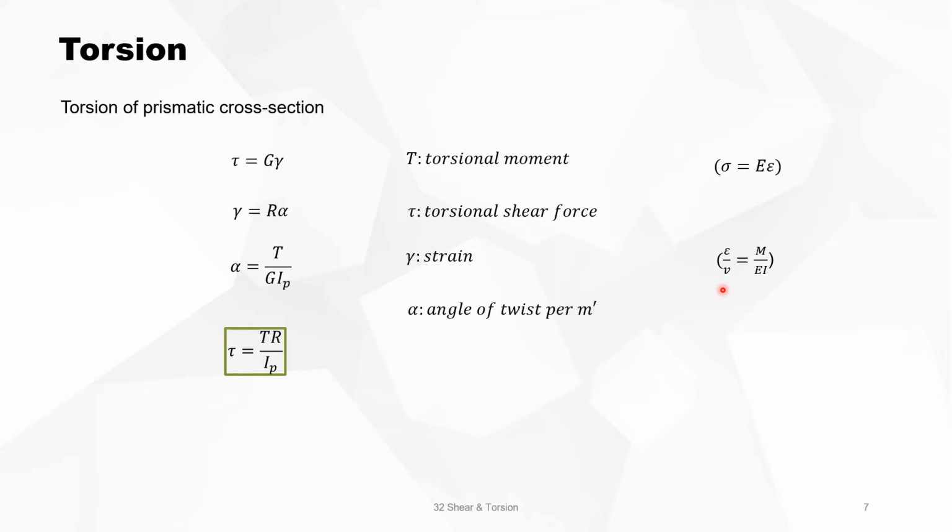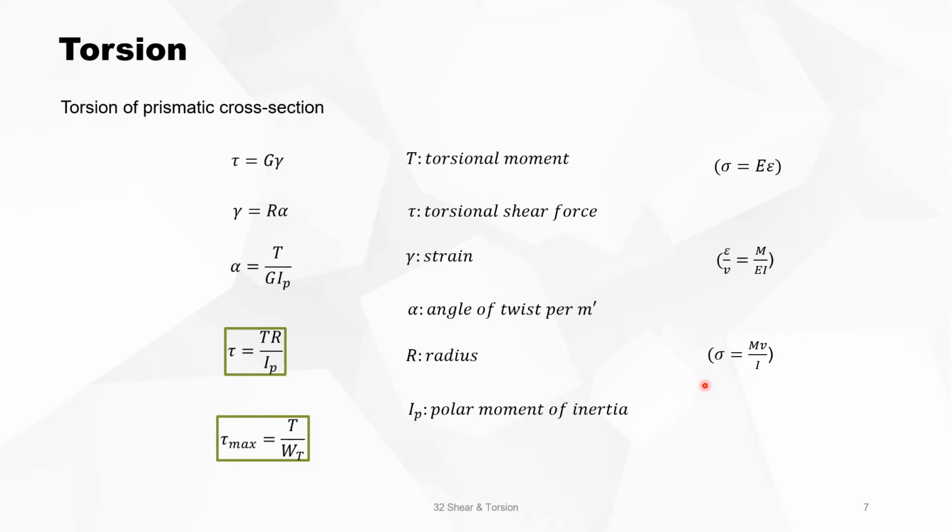The stress is then tau equals T r divided by Ip, and r is the radius, and Ip is the polar moment of inertia. You can compare it with sigma is M y over I. And tau max is T divided by WT, with WT the torsional modulus, and you can compare it with sigma max is M divided by W. So now you have a comparison or an analogy between torsion and bending.